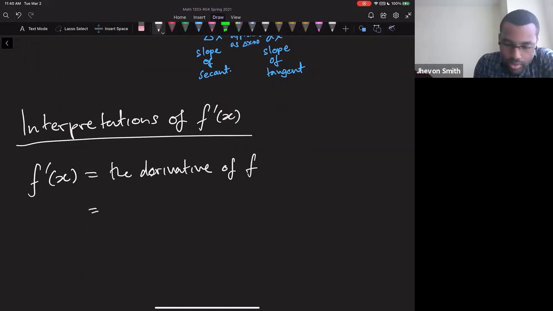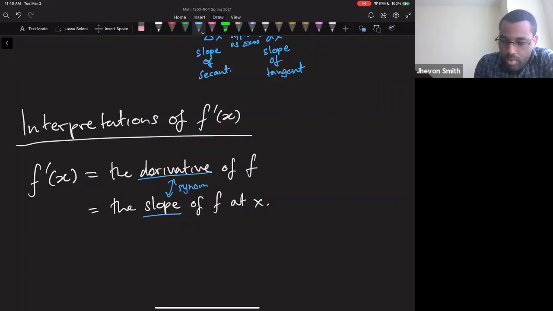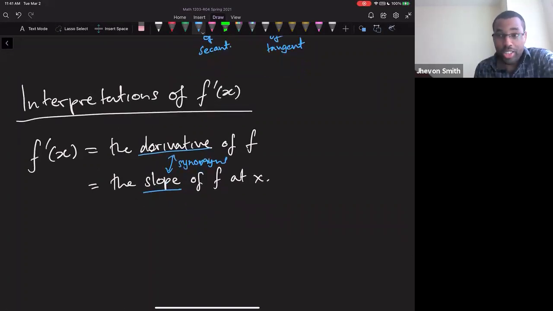Well, you can think of it as the slope of f at x, right? So you can actually think of slope and derivative essentially as synonyms. I forgot how to spell synonyms. Okay, so it's essentially the slope, right? So it's the slope of the function. What does it mean to be the slope of the function? Well, it's the same as saying it's the slope of the tangent line.